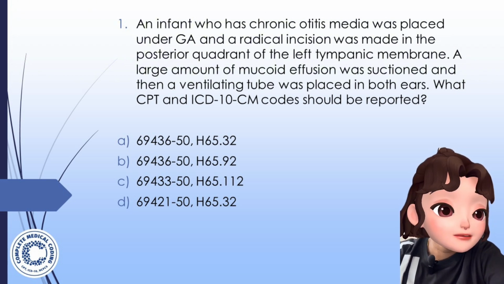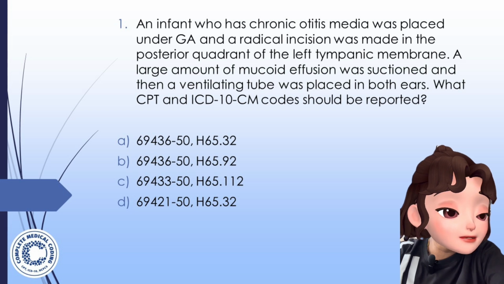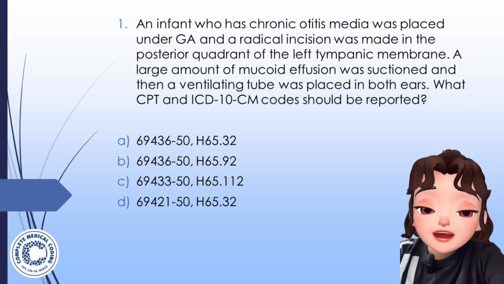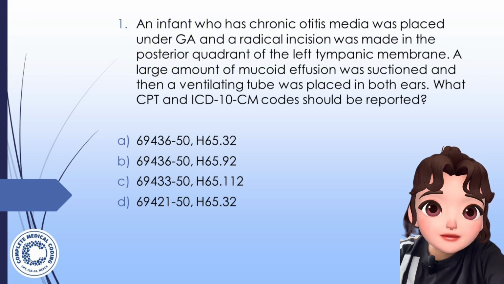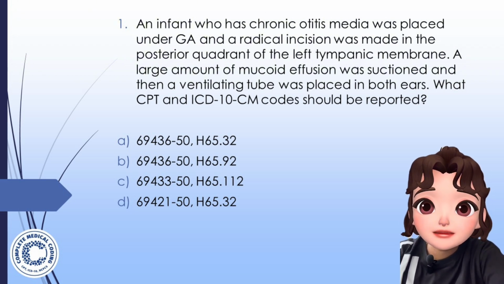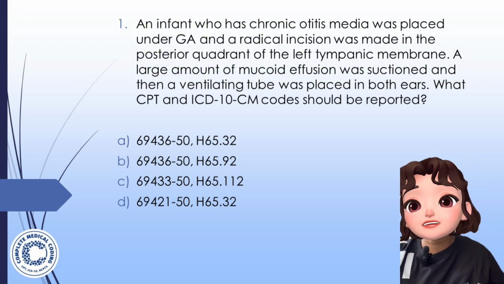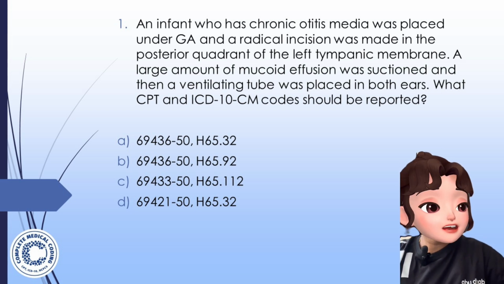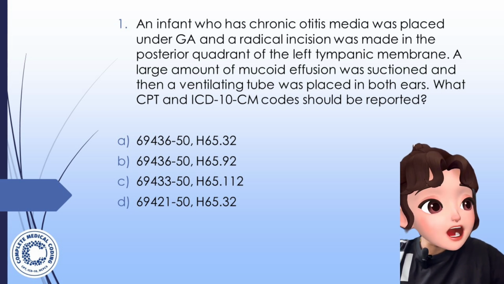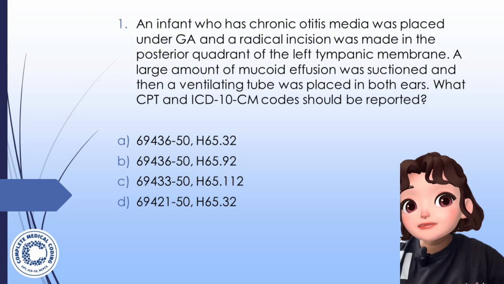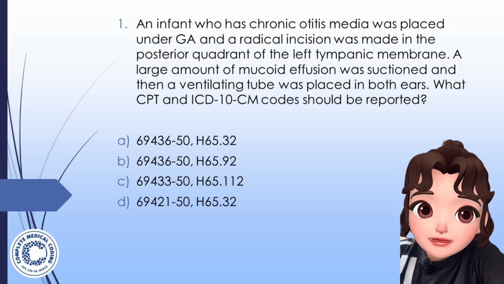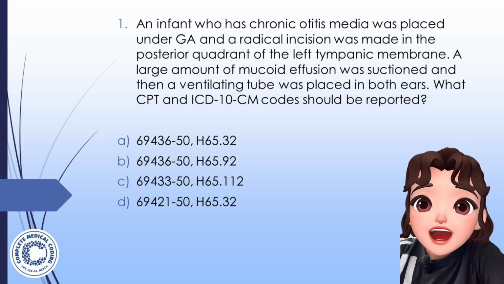H65.92 represents unspecified non-suppurative otitis media, left ear. No, this is not unspecified, this is chronic. So that option will not be the answer. And what is H65.112 in option C? H65.112 represents acute and subacute otitis media. Now this is chronic. So we got the ICD code as H65.32, which is there in options A and D.